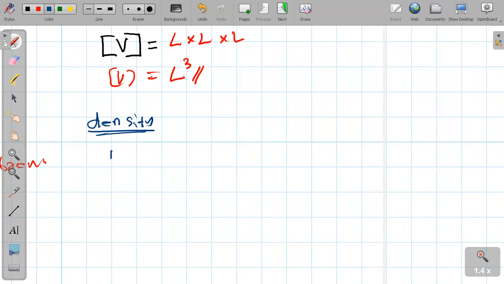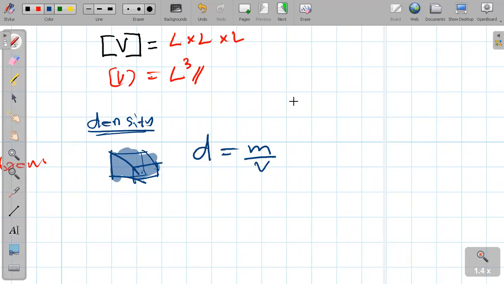If you have forgotten, I will write it like this: density is the mass per unit volume. In another sense, something filled in there. Density equals mass over volume. This is my equation.